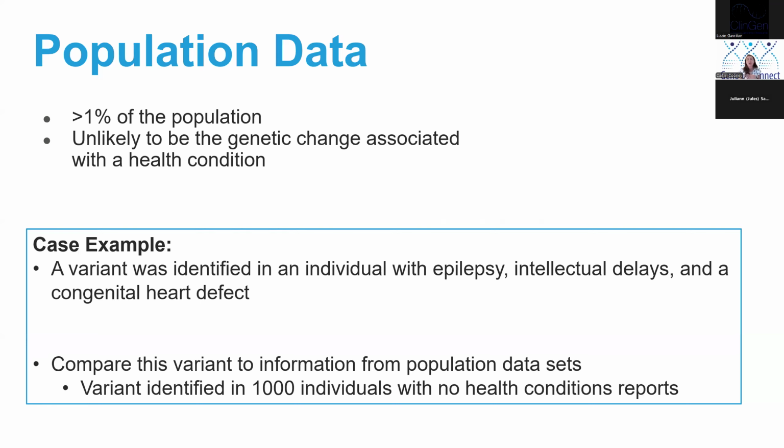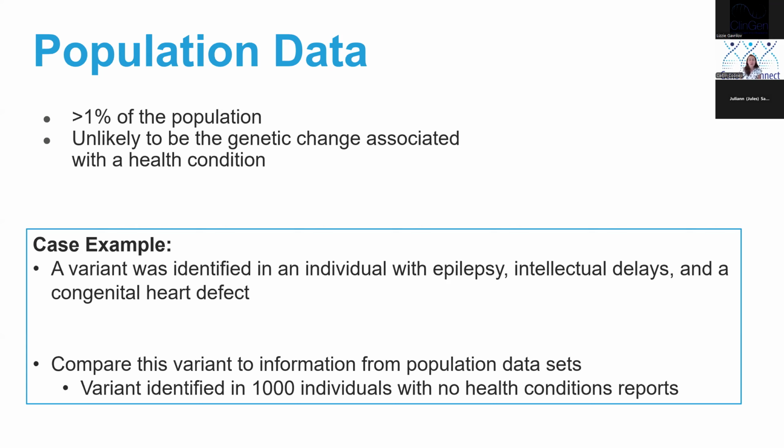For example, let's say we have an individual who has a history of epilepsy, intellectual delays, and was identified to have a heart defect at birth. This individual went through genetic testing, a variant was identified, and then we're like, okay, we found this change. Let's learn a little bit more about this change.